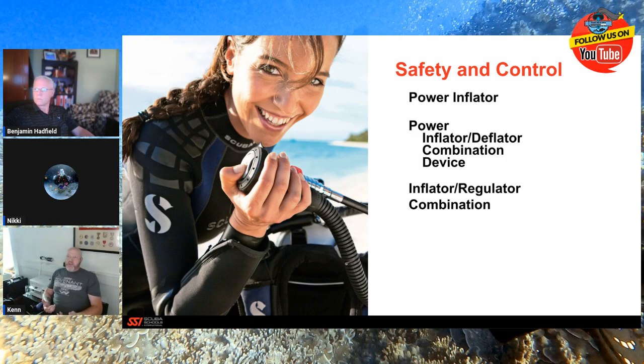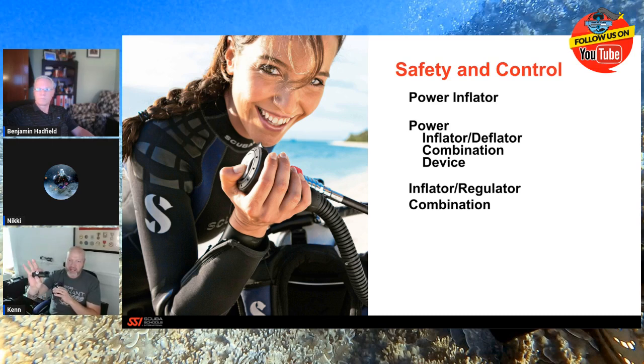So safety and control. Your BC, we talked about the inflator. So you push your inflator, it adds air to your BC. Then it's got another button that dumps the air out of your BC. So there's 2 primary types of inflators. We have the regular one here, and this is what I dive with my Ranger.